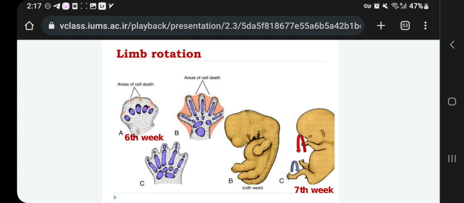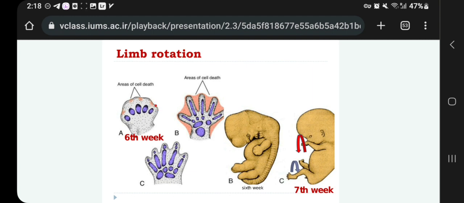But you know we have 5 fingers. If you look at the red part, in this area we have apoptosis, or cell death. The cell death means the apical ectodermal ridge divides into 5 parts: 1, 2, 3, 4, and 5.